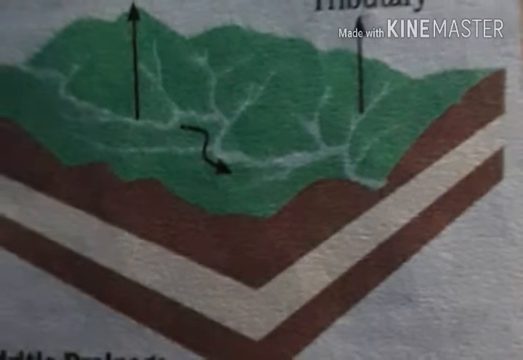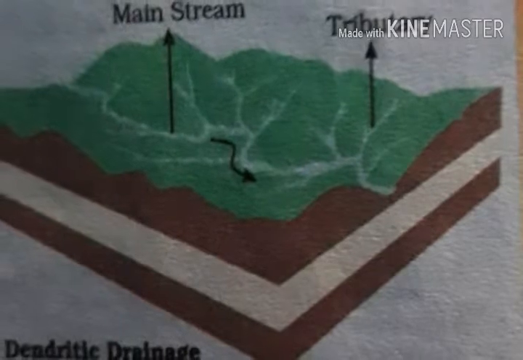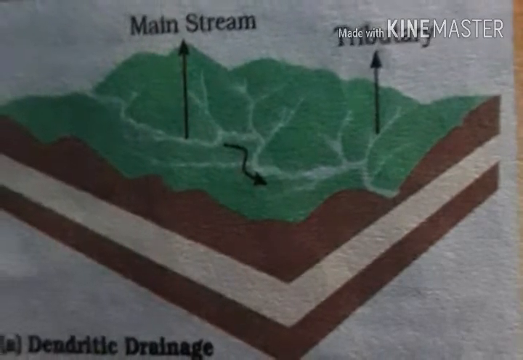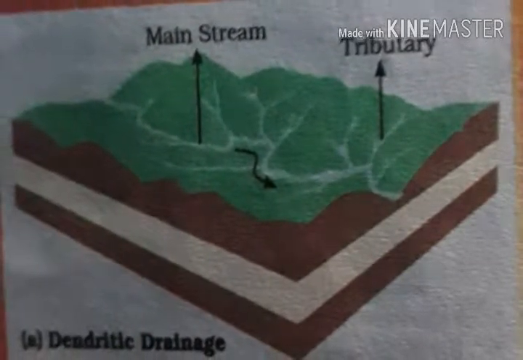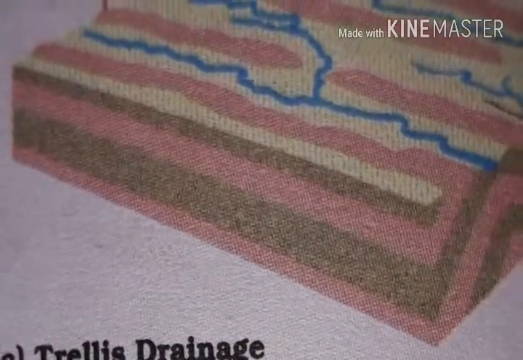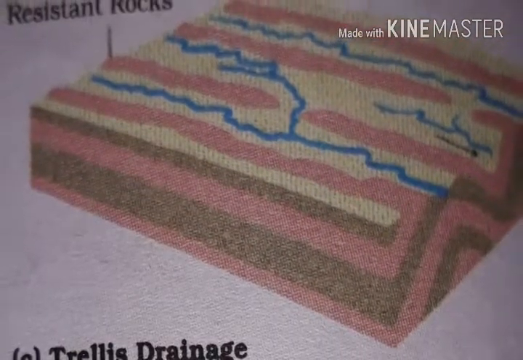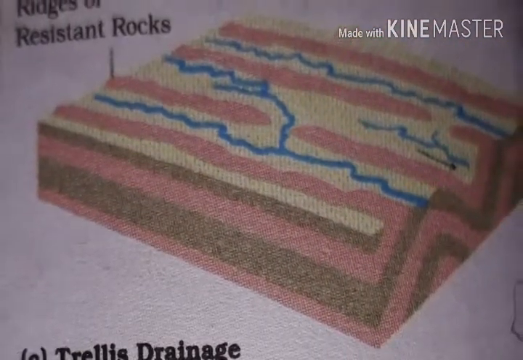The dendritic pattern develops where the river channels follow the slope of the terrain, and the stream with its tributaries resembles the branches of a tree. Thus, the name is dendritic. And next, trellis: a river joined by its tributaries at approximately right angles develops a trellis pattern.